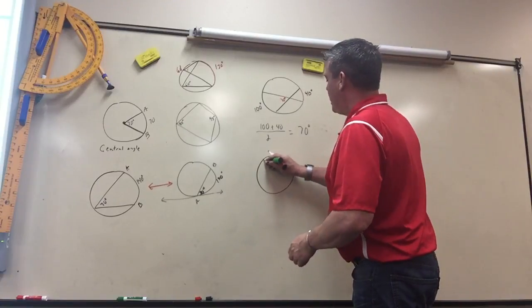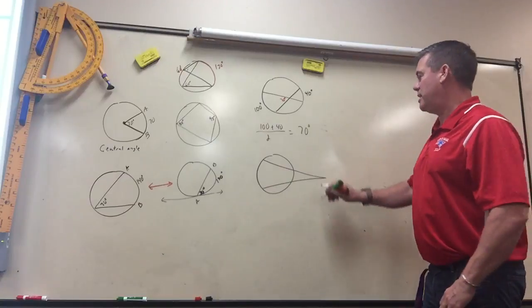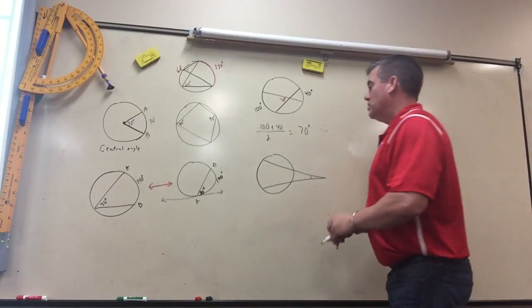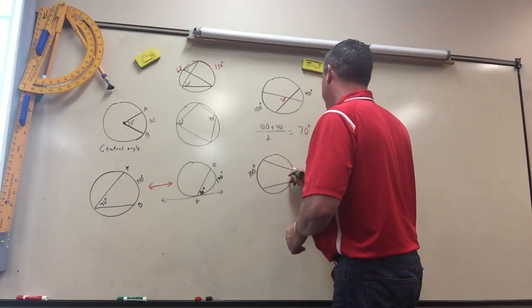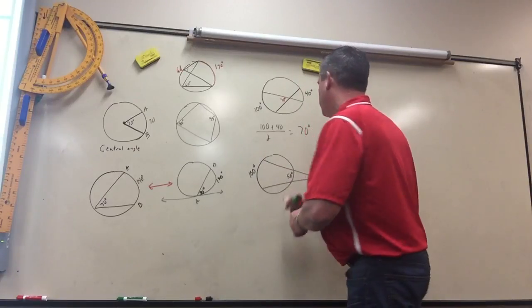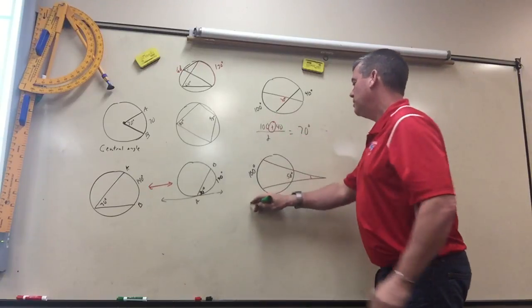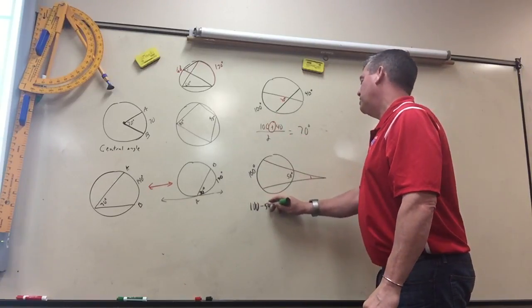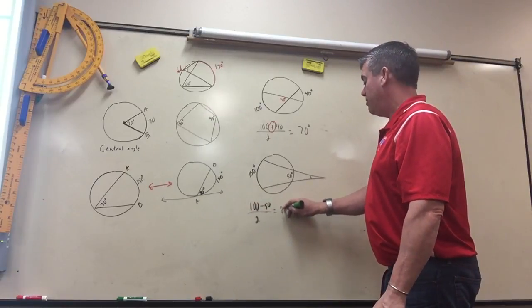Then, if you've got two secants that intersect, so if this is 100 and this is 50, when the angle's outside, you subtract. 100 minus 50 divided by 2 equals 25.